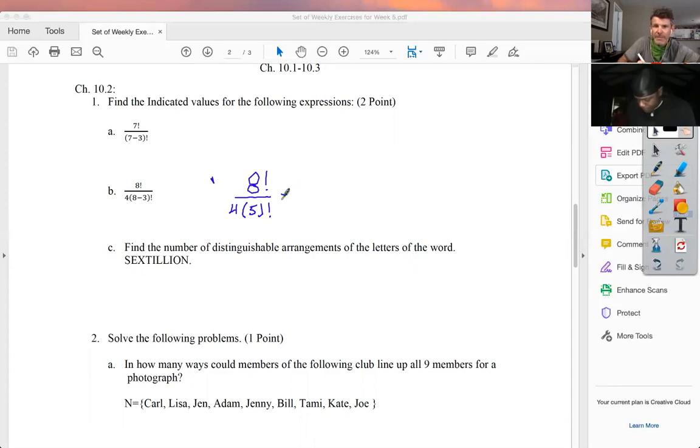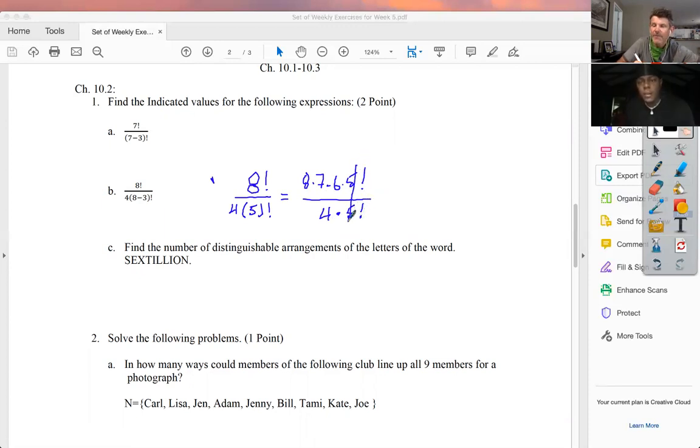Based upon what I taught you a minute ago, that means you have 8 times 7 times 6 times 5, and I'm gonna step it up one notch, 5 factorial. So when I line the five with the five, doesn't that X out too, right?